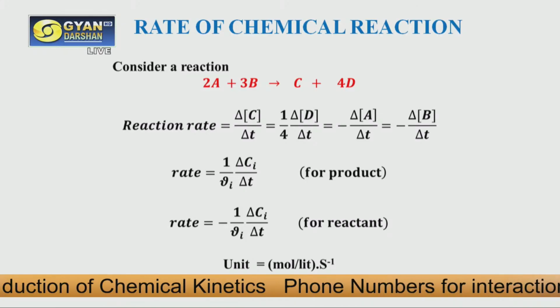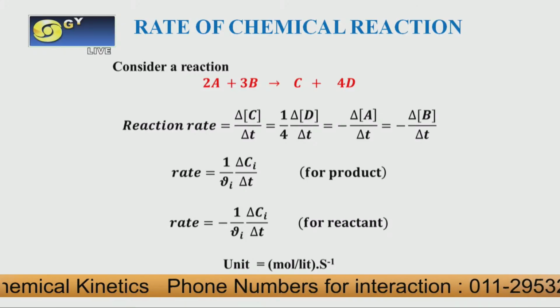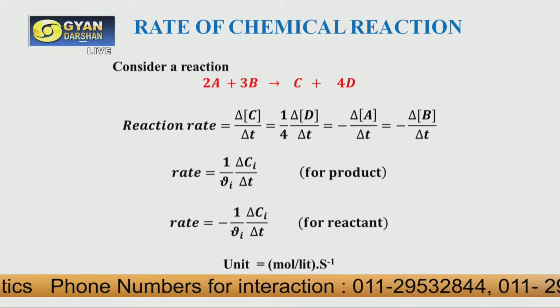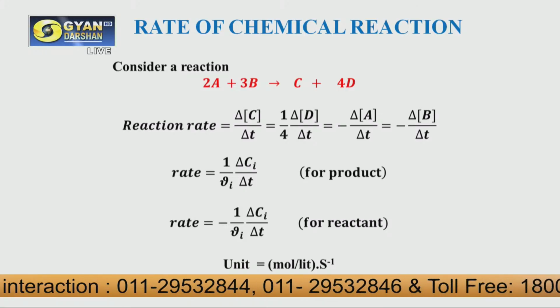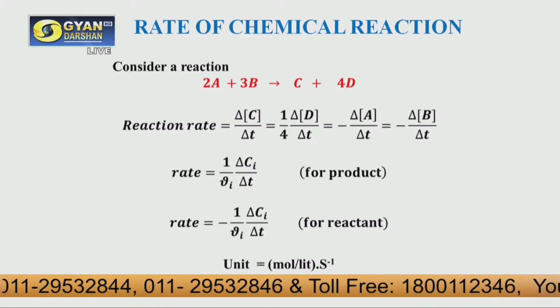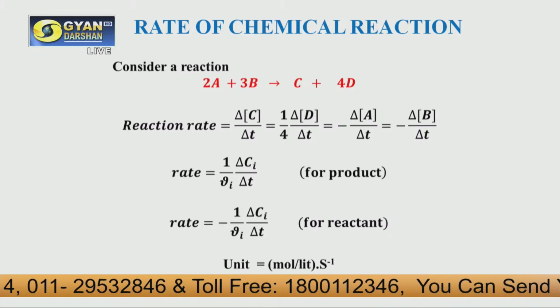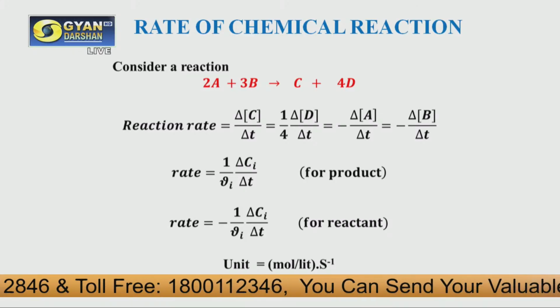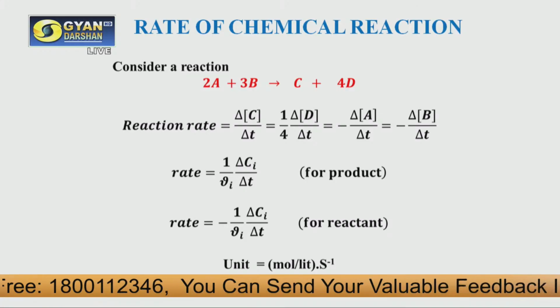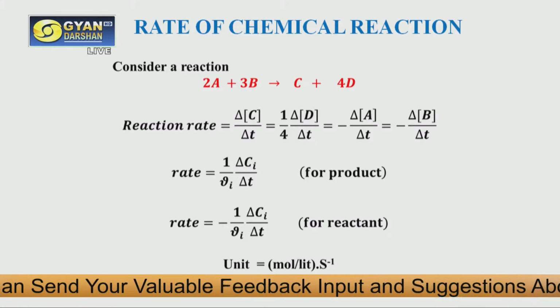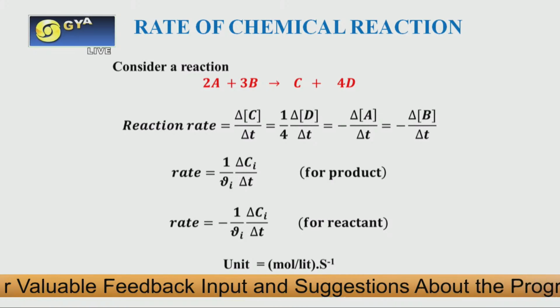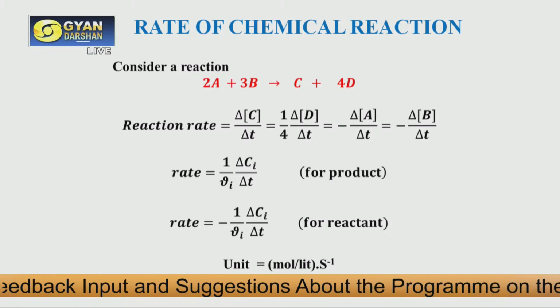Product C is 1 mole, so there is no problem. But if we write in terms of D, which is also a product, we would not put the negative sign because the rate should be positive. At time t1 and t2 we monitor the concentration of product D, and simply put delta D by delta t.